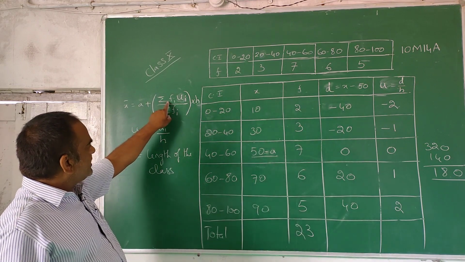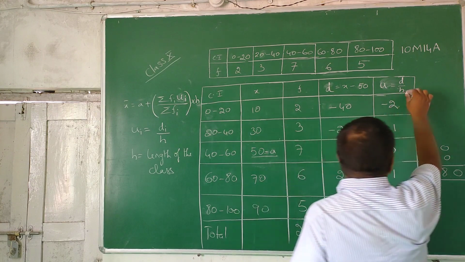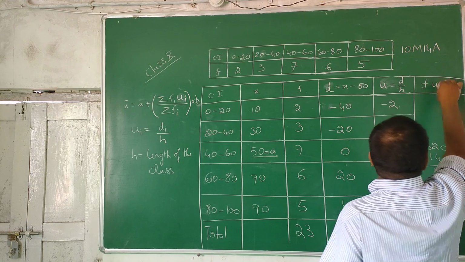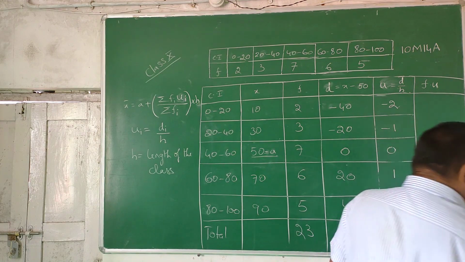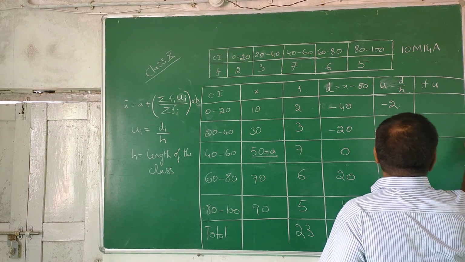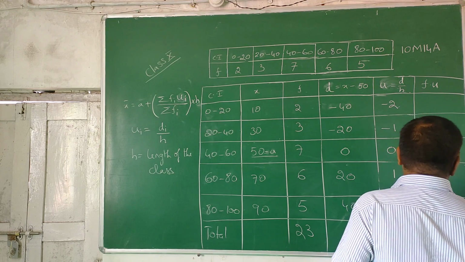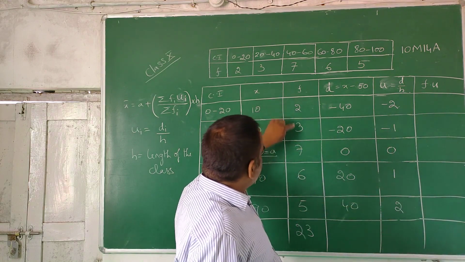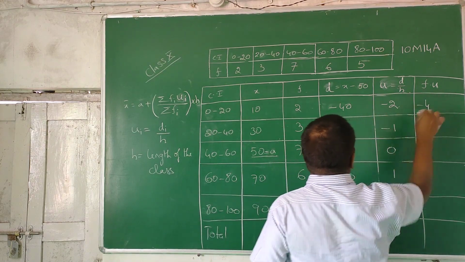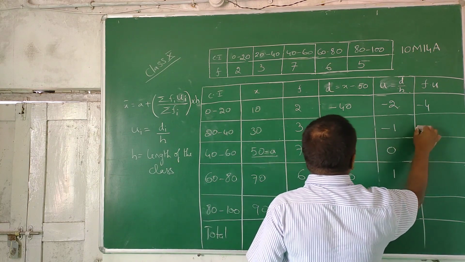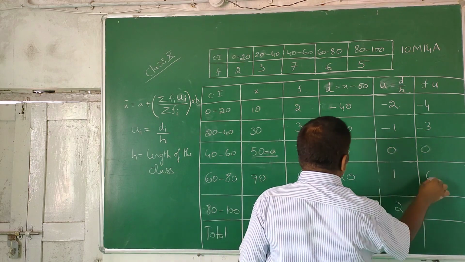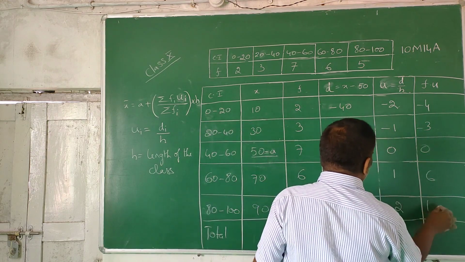Next block for Fi ui. We have to extend one more block in this method, that is f into u. See, these are f, these are u. Multiply this. 2 into minus 2 is minus 4. 3 into minus 1 is minus 3. 7 into 0 is 0. 6 into 1 is 6. 5 into 2 is 10.